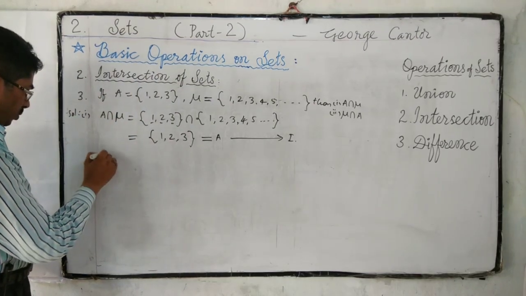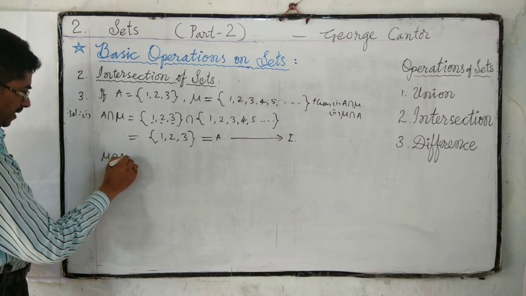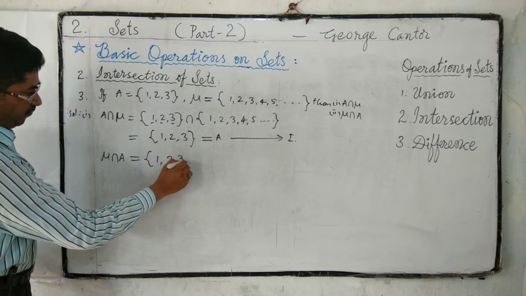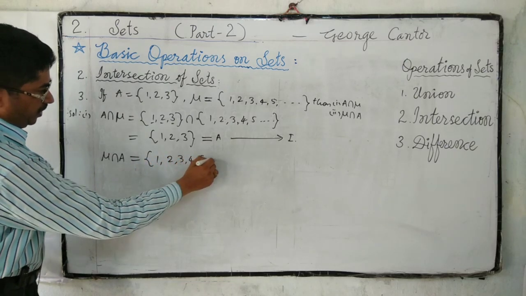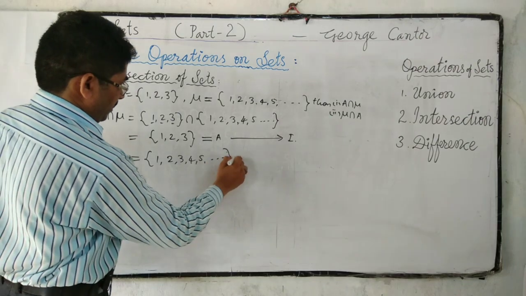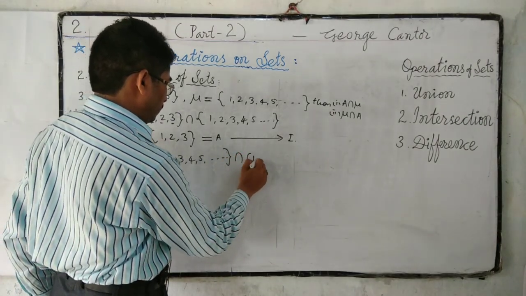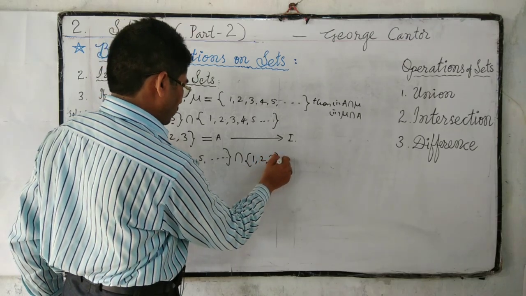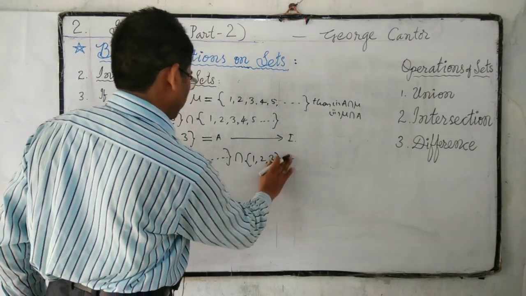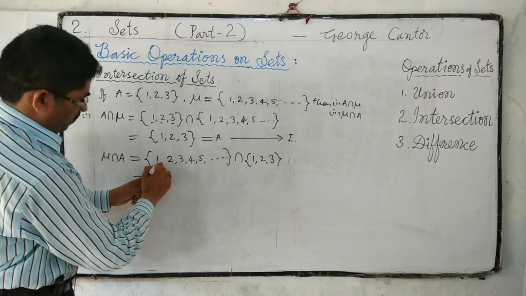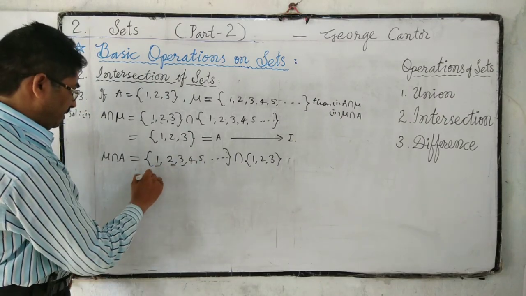Next, mu intersection A. Mu is 1, 2, 3, 4, 5 and so on, intersection the set of 1, 2, 3. What are the common elements in these two sets? In this also 1, 2, 3 are the only common elements.